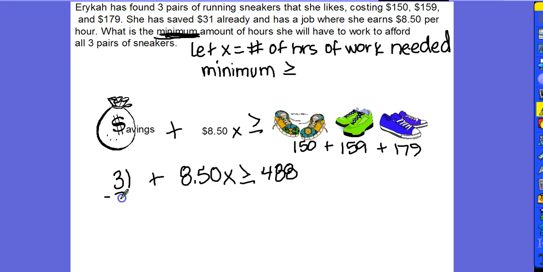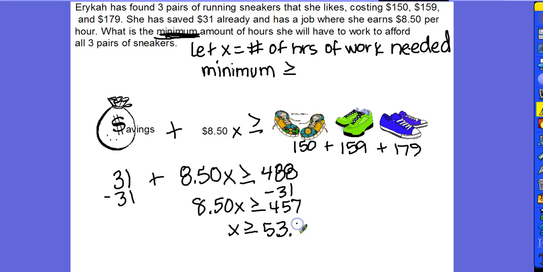So, you subtracted 31. You got 850 times the number of hours is greater than or equal to 457. And you divided by 850 and you got x is equal to 53.7 or something like that, hours. And so your answer to the question is, Erica, say it one more time.